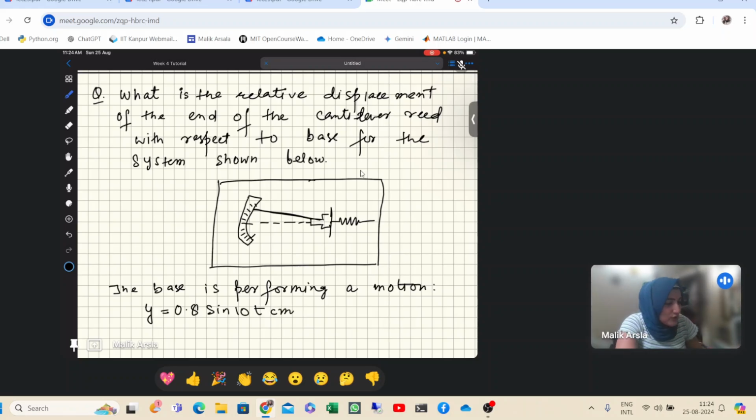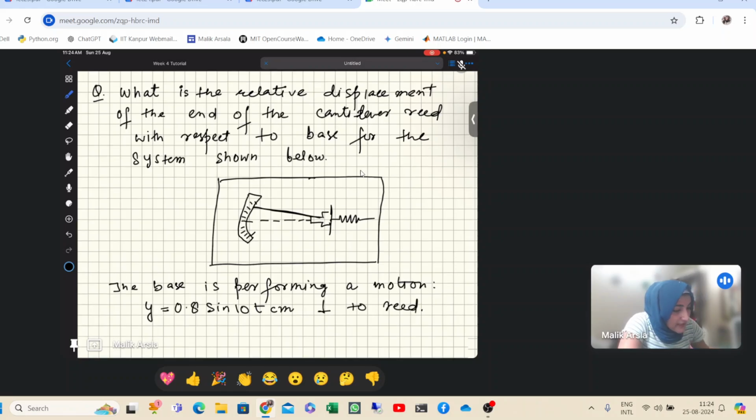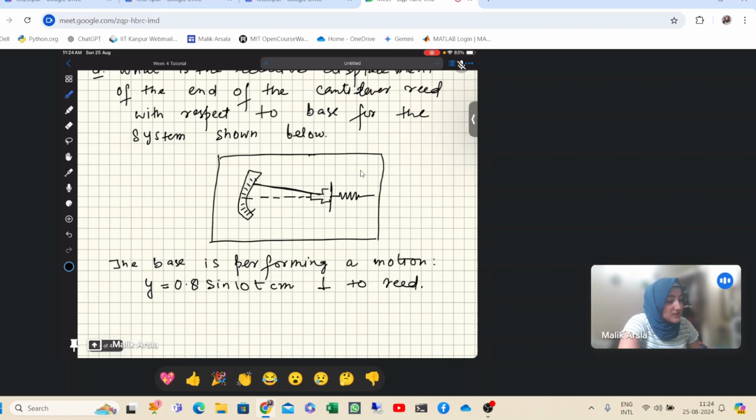Okay, so the amplitude is given in centimeters in a direction perpendicular to the reed. Now the natural frequency of the system is twice the disturbing frequency. So basically omega n is equal to twice omega. Omega is the disturbing frequency and omega n is the natural frequency of the system. So this is the information that has been given to us.